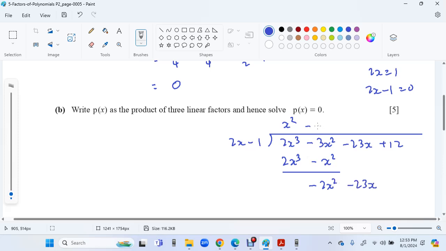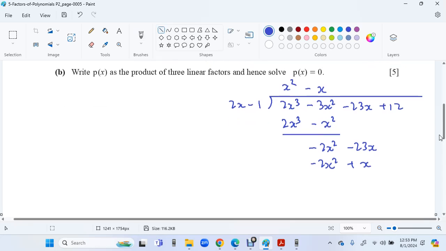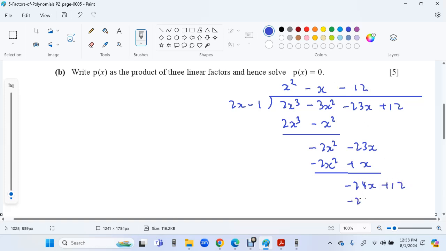So this is negative x. Then it will become negative 2x squared plus x. So negative 23 minus 1 will become negative 24. So this is negative 24x plus 12. So minus 12, this negative 24x plus 12.